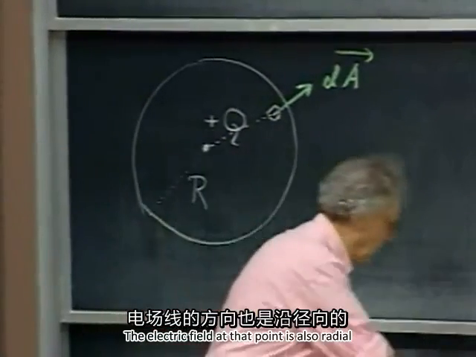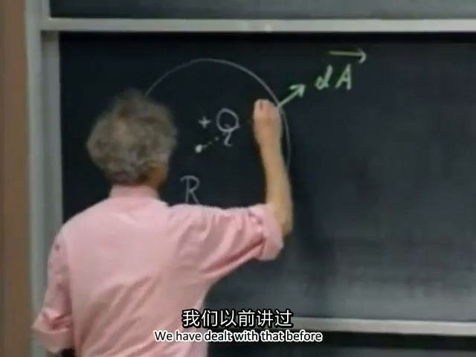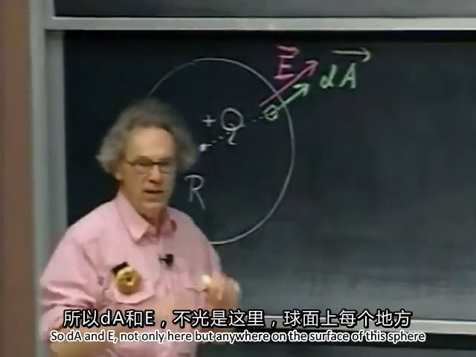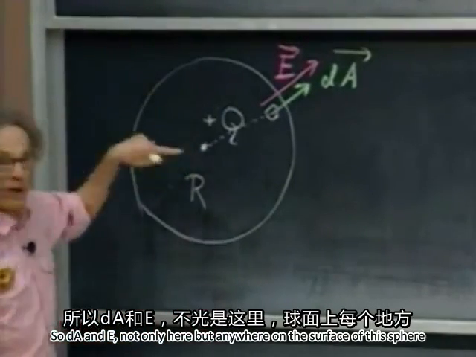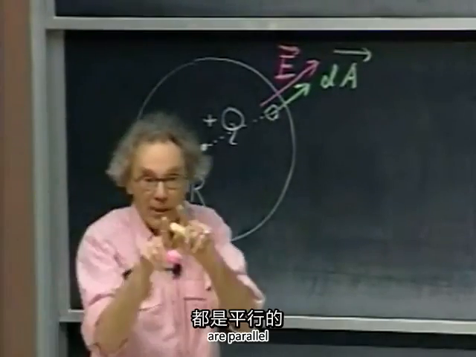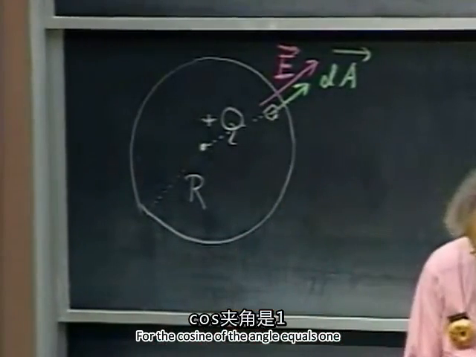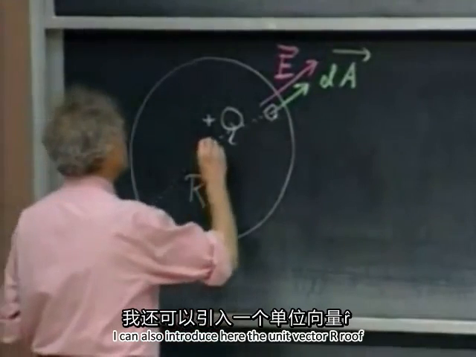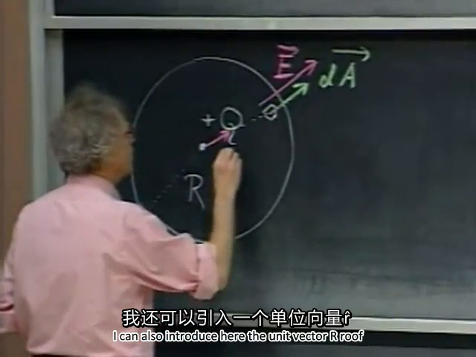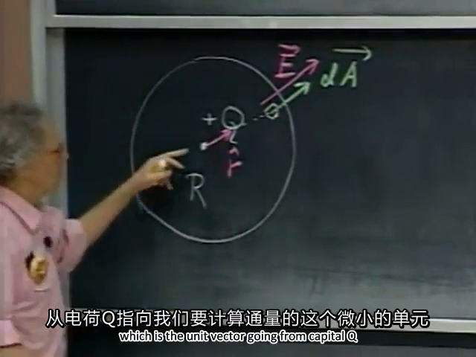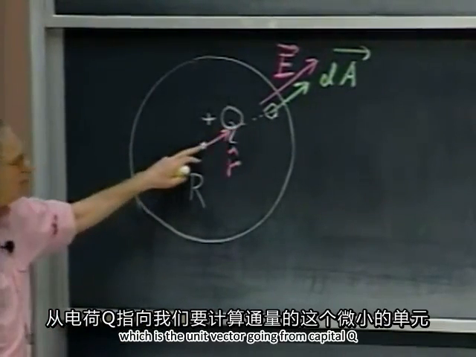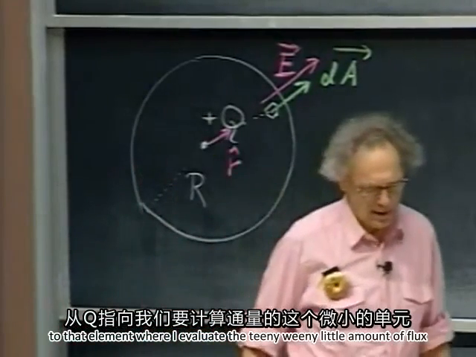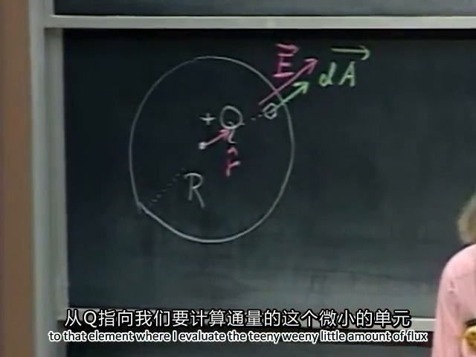The electric field at that point is also radial. We have dealt with that before. So dA and E, not only here, but anywhere on the surface of this sphere, are parallel. So the cosine of the angle equals 1. I can also introduce here the unit vector r roof, which is the unit vector going from capital Q to that element where I evaluate the teeny-weeny little amount of flux.